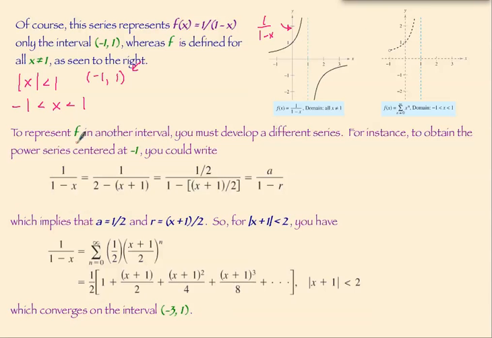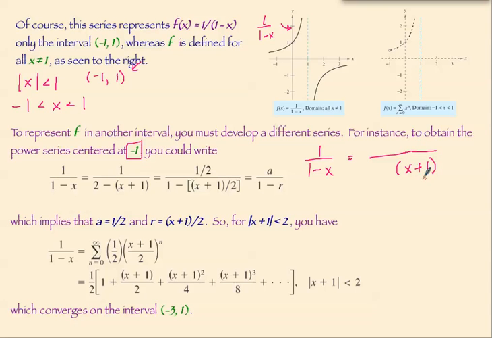We may, however, want to represent this same kind of function in another interval. To do so, we must develop another series. We could say, well, what if I want to center this same kind of series at -1? Well, what we're going to do is take our 1 over 1 minus x, and make this equivalent to a form of that same rational expression, but one in which we have x plus 1 as this term, right?